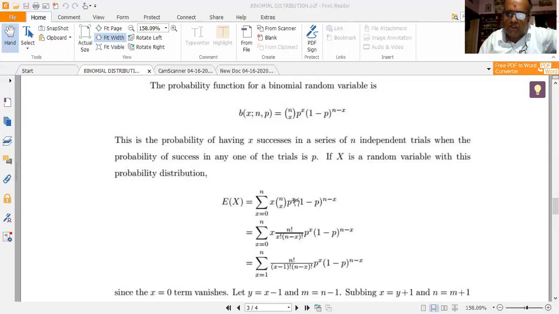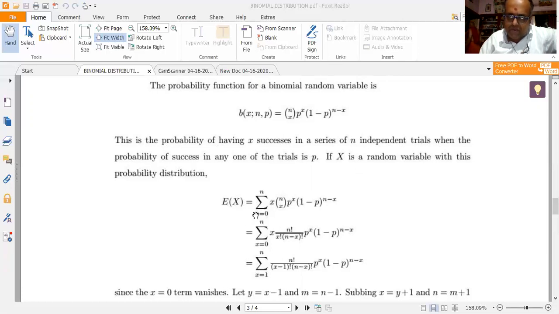The first order expectation, or first order moment, of a random variable gives me the mean or average of that particular random variable.